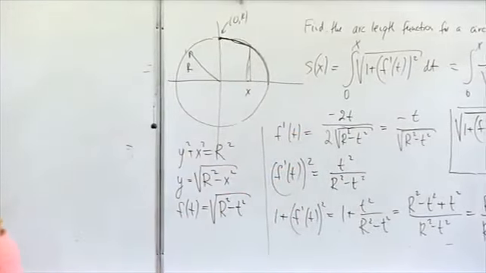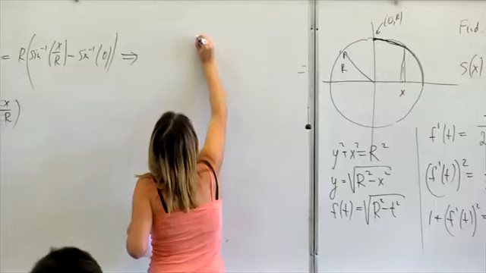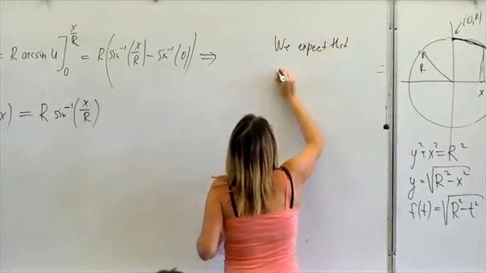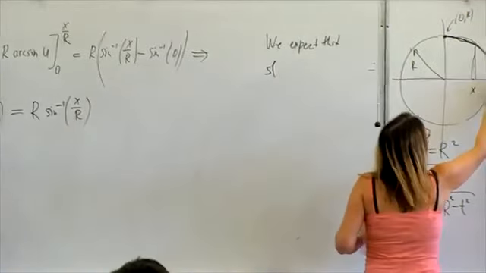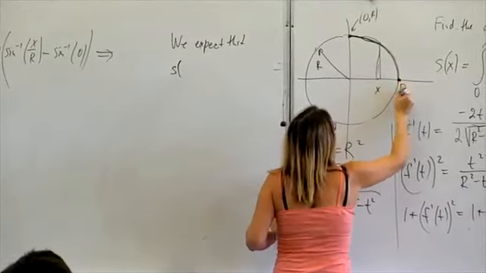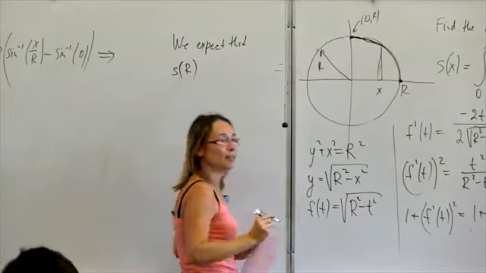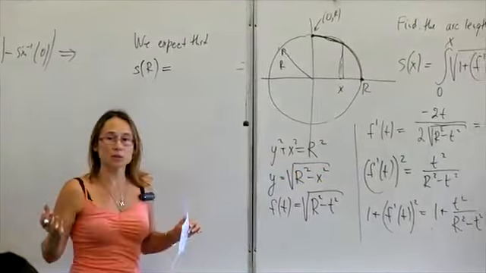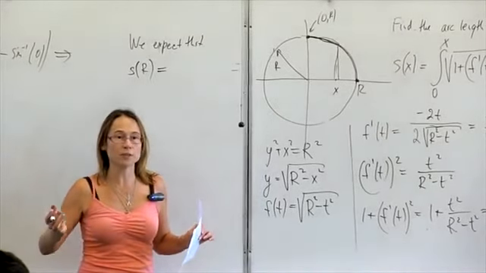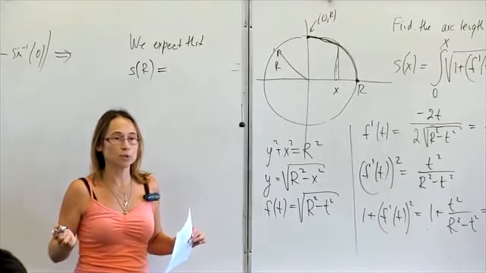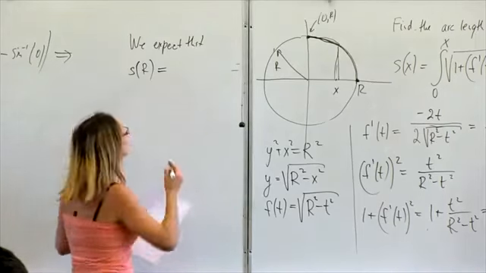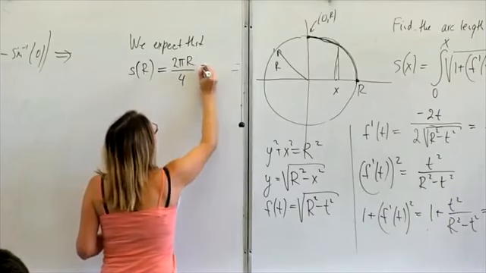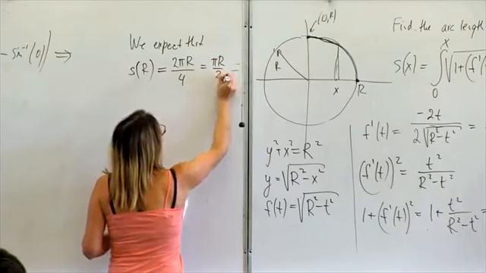So we expect that s from here to here, so s of r, when x is equal to r, equals the length of the full circumference divided by 4. What's the length of the circumference? 2 pi r divided by 4. So that's pi r over 2.